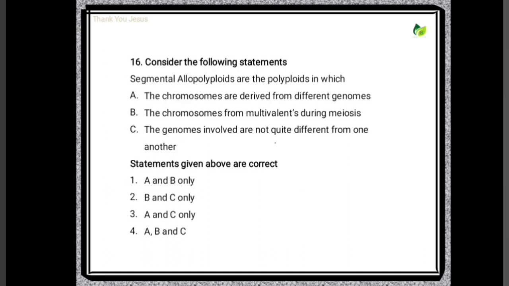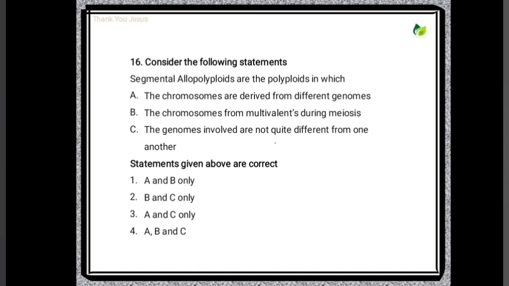So consider the following statements. Segmental allopolyploids are the polyploids in which, some statements have been given. So among these we have to pick the correct statements. A: the chromosomes are derived from different genomes. B: the chromosomes form multivalents during meiosis. C: the genomes involved are not quite different from one another.